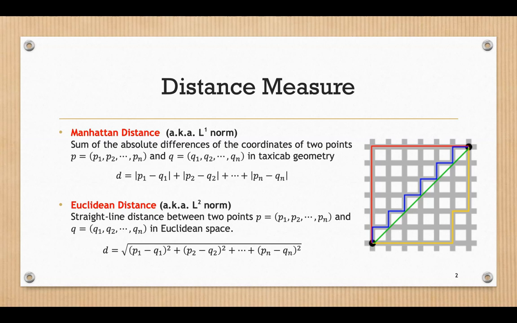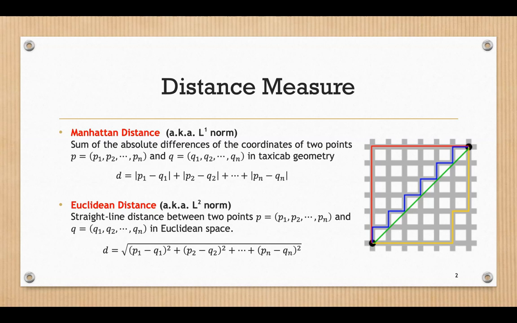Manhattan distance, also known as L1 norm, is the sum of the absolute differences of the coordinates of 2 points, P and Q, in taxicab geometry. The Manhattan distance D equals the sum of the absolute difference between the corresponding coordinates of the 2 points.